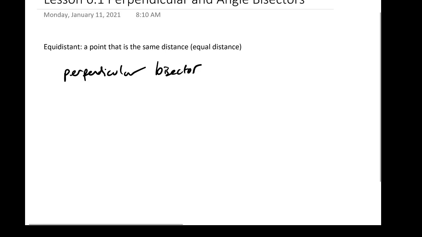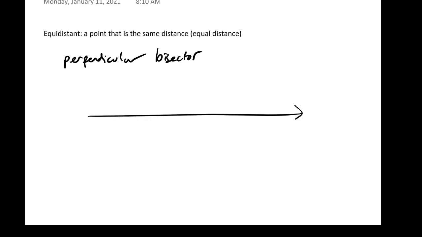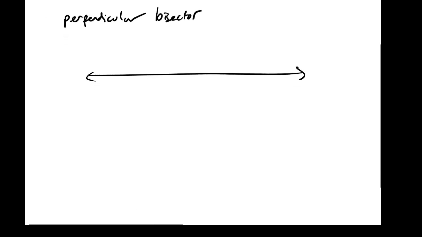We're going to wind up taking, let's go ahead and make a line here. And on the perpendicular bisector, we're going to take these 2 points A and B. What we're going to find is that any point that is on the perpendicular bisector is going to be equidistant.